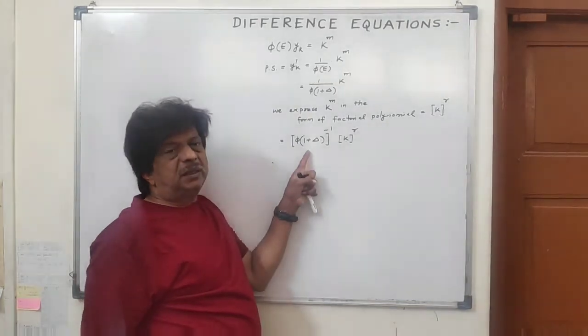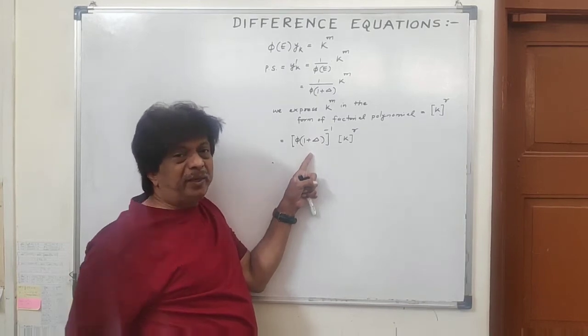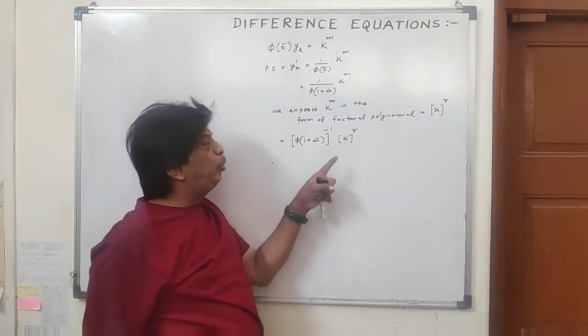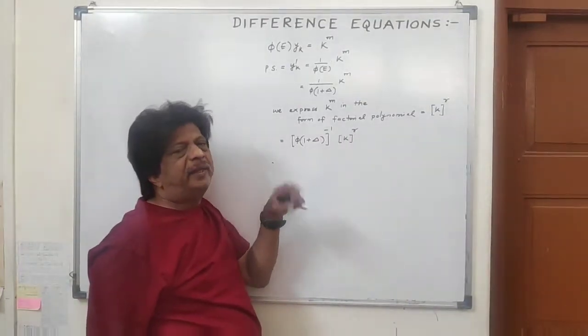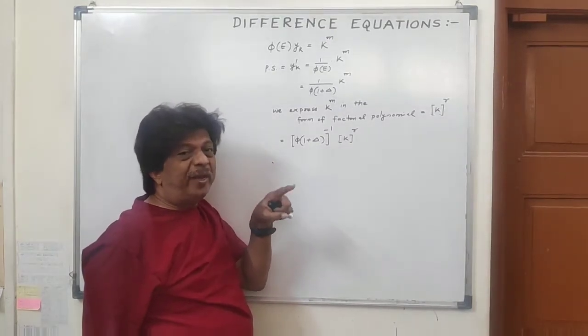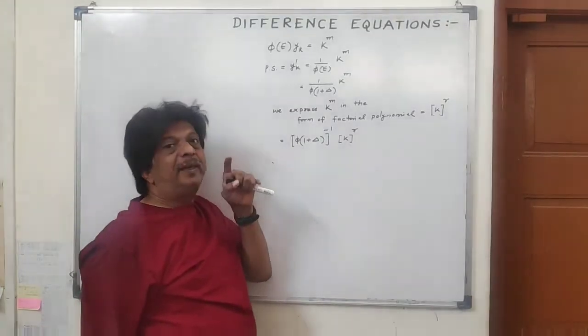Expressing this phi of 1 plus delta raised to power minus 1 in the form of a binomial expansion up to the power i and then operating.